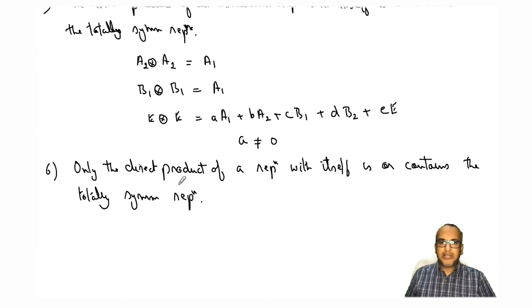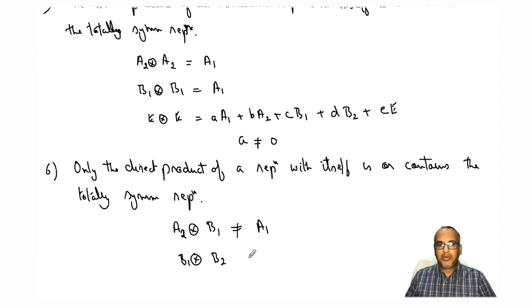That means if I'm taking representations which are not the same, for example, A2 into B1 will never be equal to A1, right? Similarly, B1 into B2 will never be equal to A1.